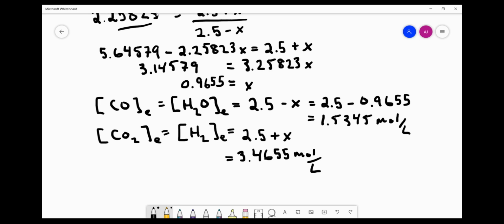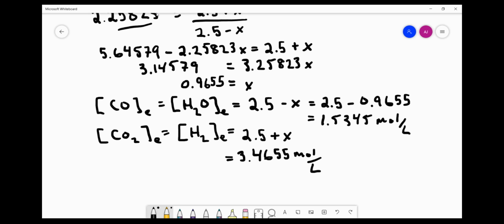Note that because in my ICE chart, the values for the concentrations of carbon monoxide are equal to the concentration of water, I just made them equal here. And same with carbon dioxide and hydrogen gas. That's not necessarily going to be the case. It's just based upon us having a 1 to 1 to 1 to 1 ratio and starting off with equal concentrations.